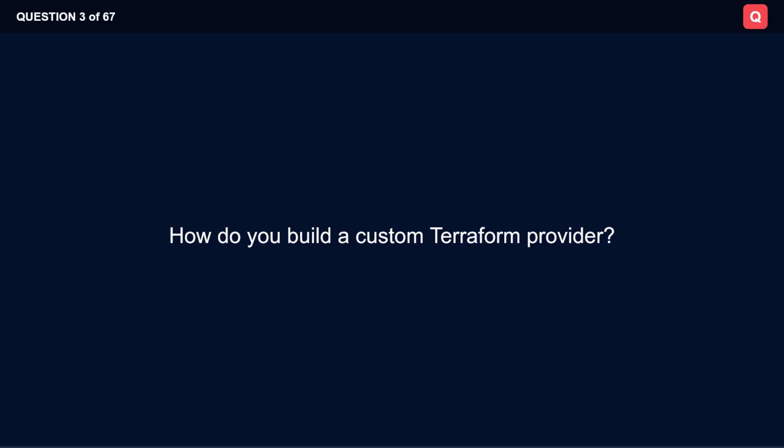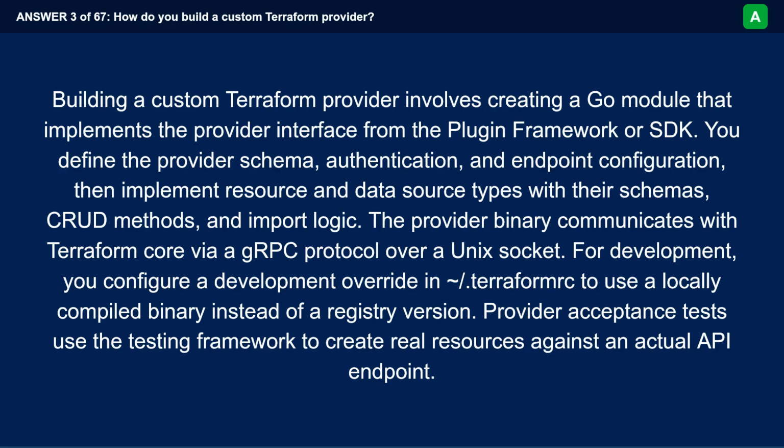How do you build a custom Terraform provider? Building a custom Terraform provider involves creating a Go module that implements the provider interface from the plugin framework, or SDK. You define the provider schema, authentication, and endpoint configuration. Then implement resource and data source types with their schemas, CRUD methods, and import logic.